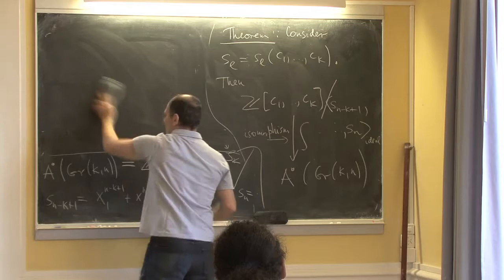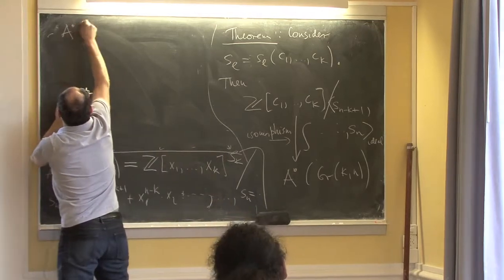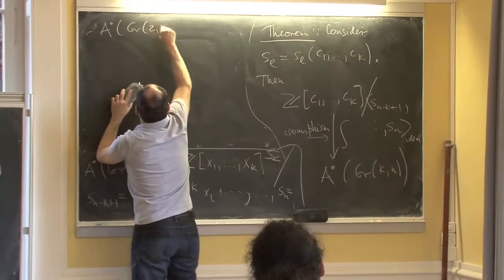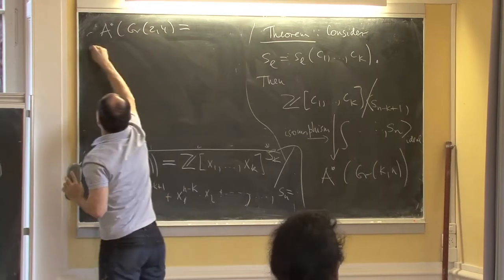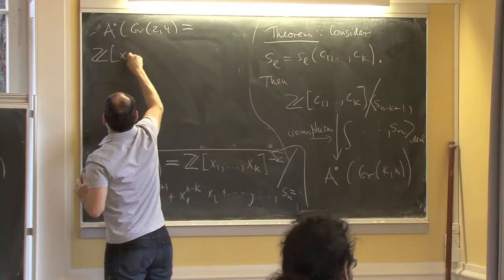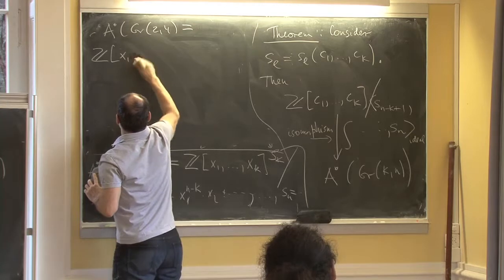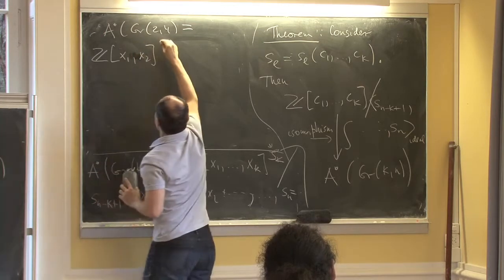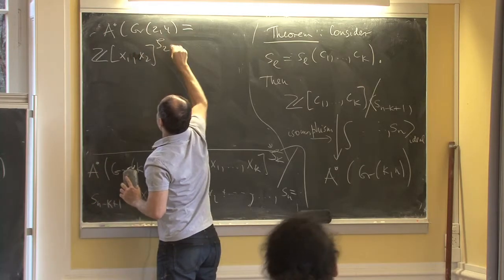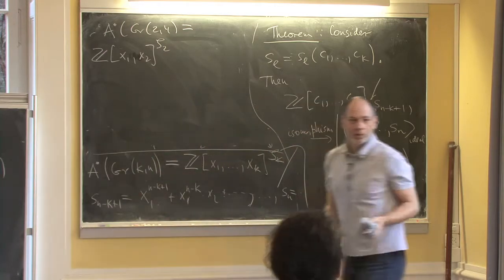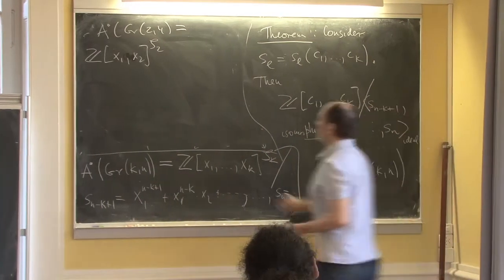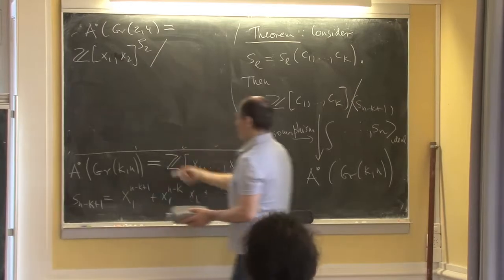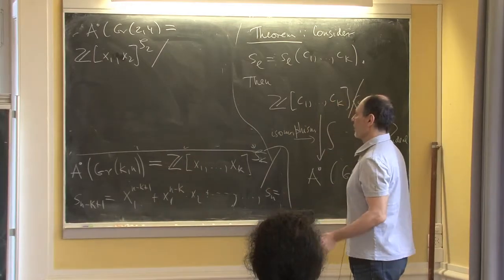For example, Gr(2,4) is just the symmetric polynomials in two variables, and you divide by an ideal generated by two polynomials, which you can write out explicitly.